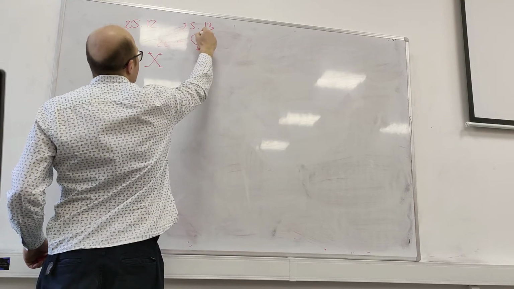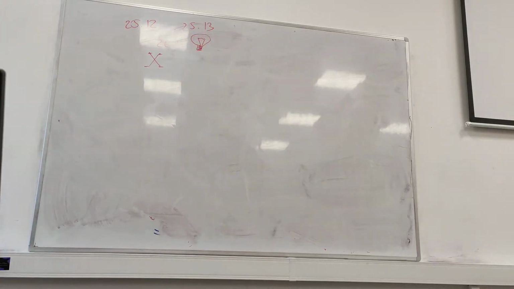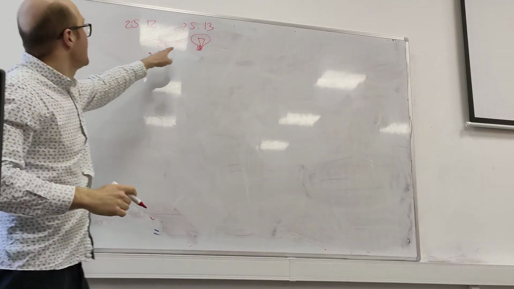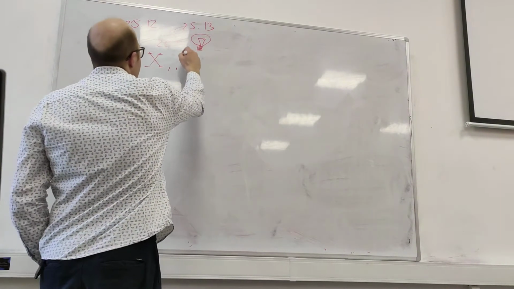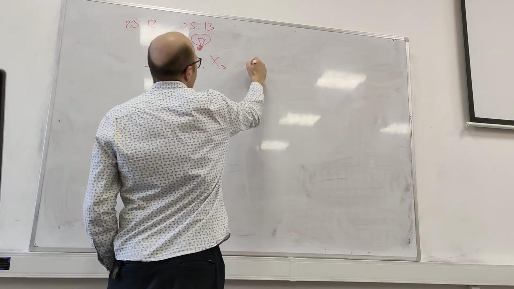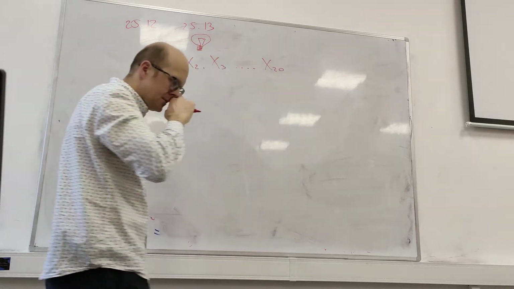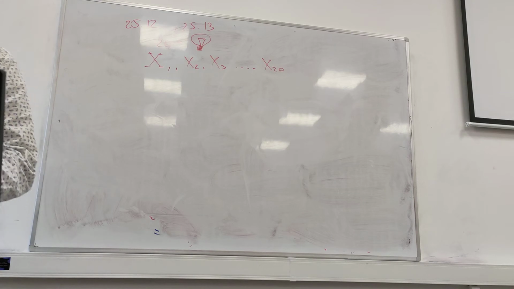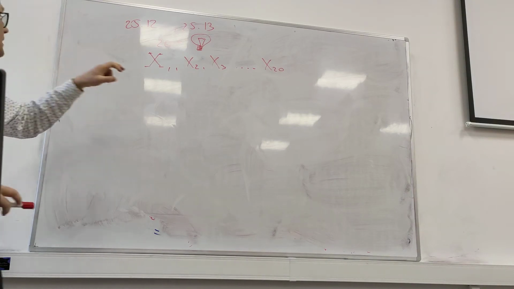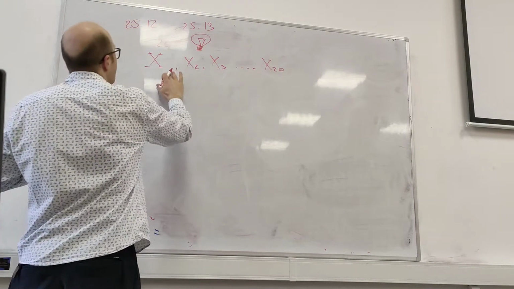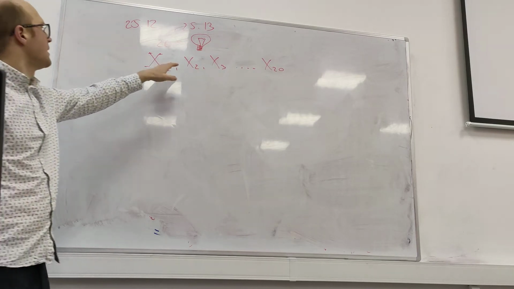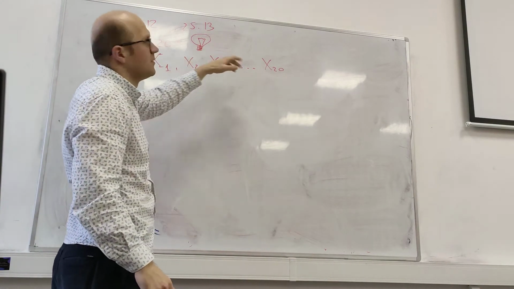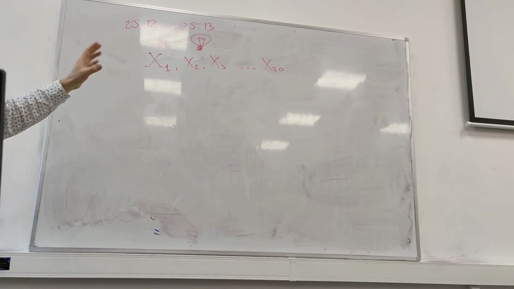Let's denote them x1, x2, x3, ..., x20, the lifetime of each light bulb. So x1 is the lifetime of the first light bulb, x2 is the lifetime of the second light bulb, and so on.